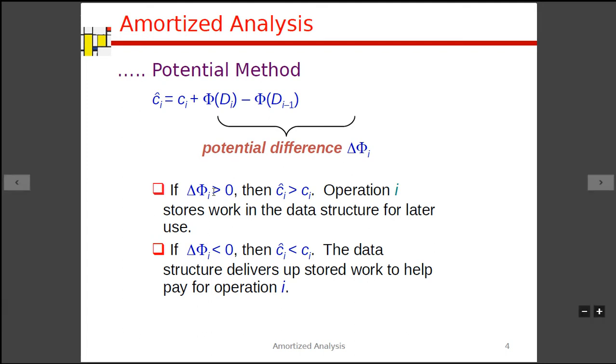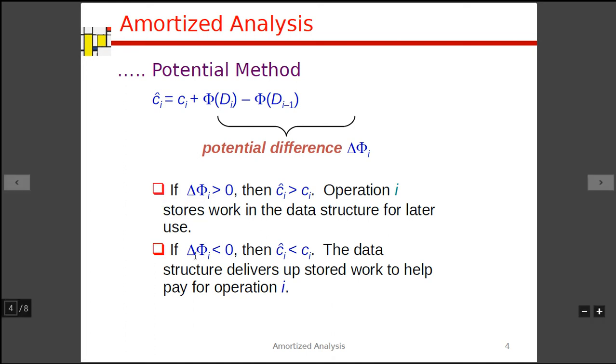If the potential difference is greater than 0, then the current amortized cost is greater than the cost of the current transaction. In that case, operation i stores work in the data structure for later use. That means this is like crediting an amount in your bank account. If delta phi of i is greater than 0, that means you are crediting something, you are adding something. In that case, it is going to store.